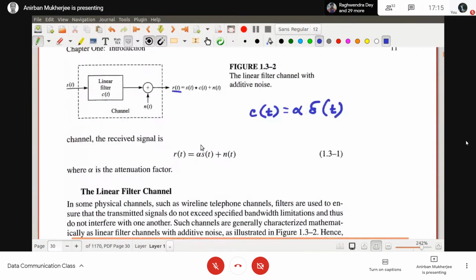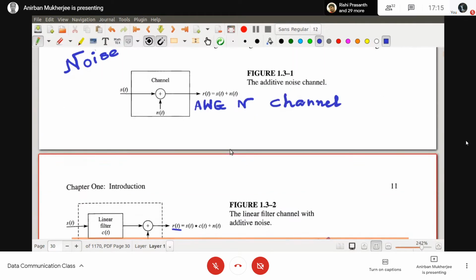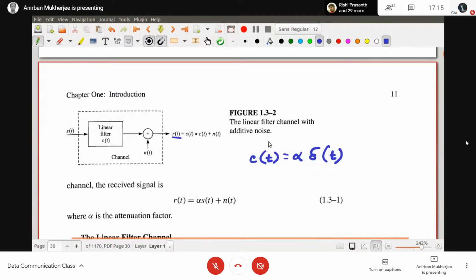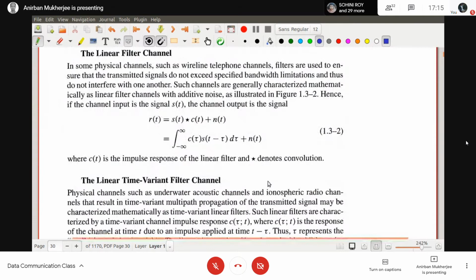So first, from the previous additive noise model I went to additive Gaussian noise, then additive white Gaussian noise, then the linear filter channel with additive noise. Okay. Then I am saying that it is a linear filter channel, but now I am saying no, it is linear time variant.